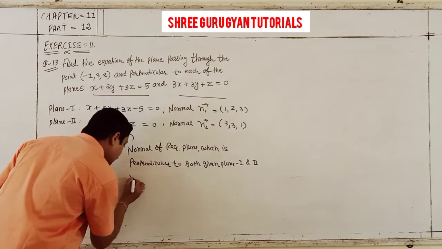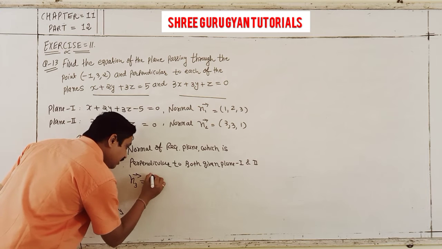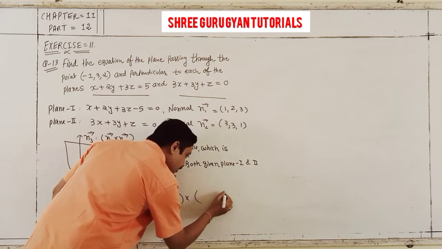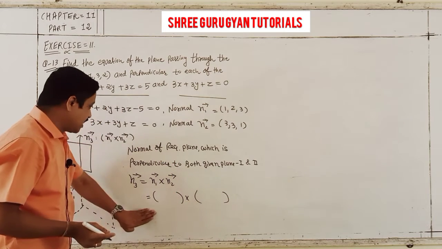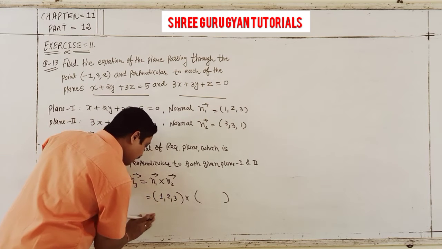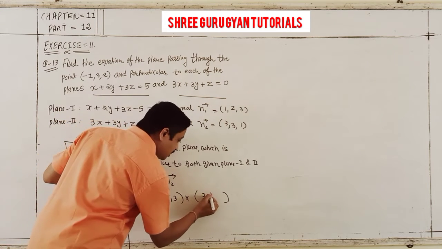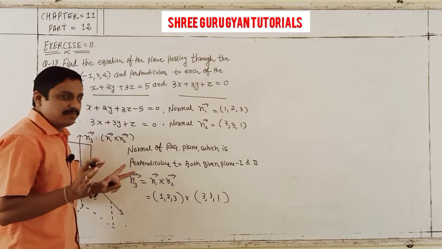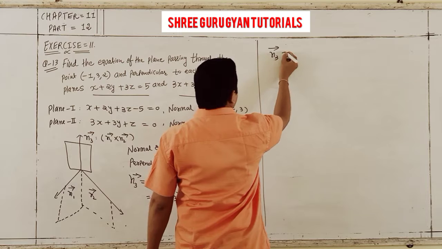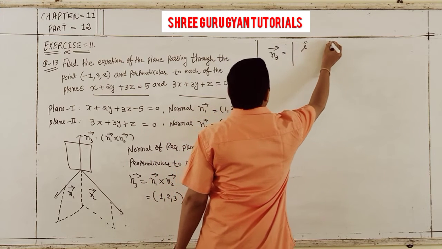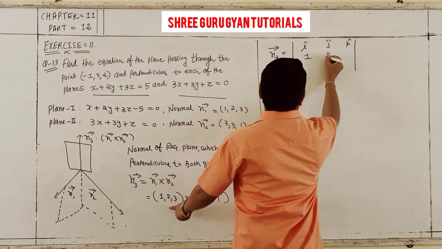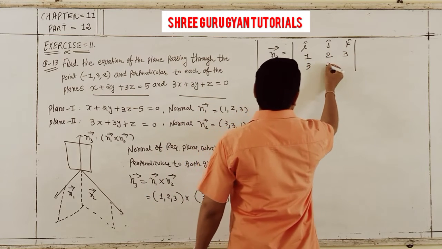So very easy. n3 is nothing but n1 cross n2, and both we know respectively. Putting down, n1 I have 1, 2, 3, and n2 is 3, 3, 1, and apply in the simple way, i j k form. So n3: i, j, k, first row 1, 2, 3, and third row 3, 3, 1.